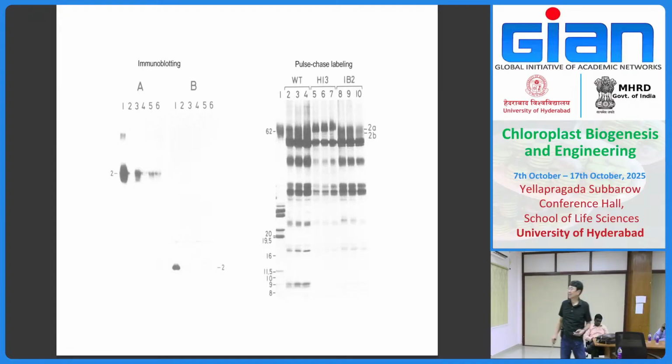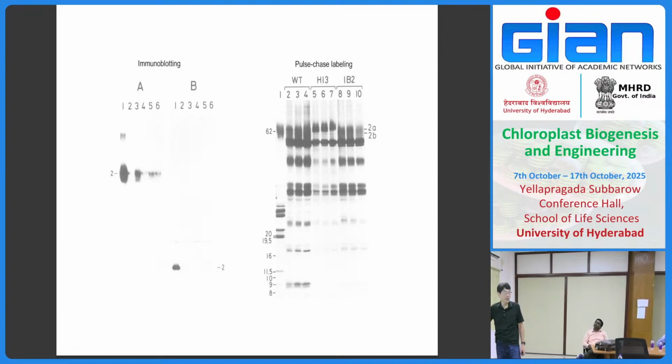So to analyze this, we did a pulse chase labeling experiment as I talked about before. We used S35, I think, at the time. So we labeled, and lanes 2, 5, 8 are the pulse labeling, and 3 and 4 are the chase experiment.